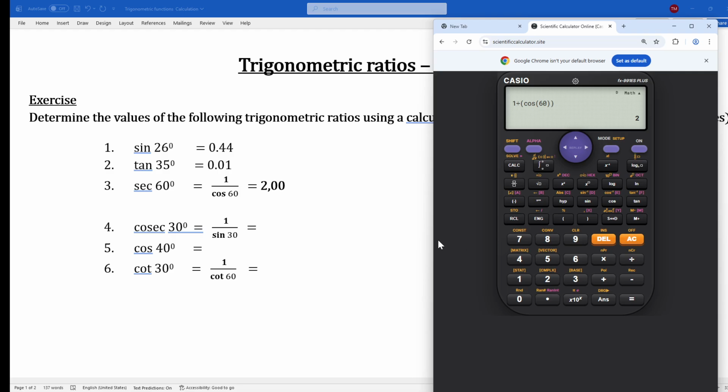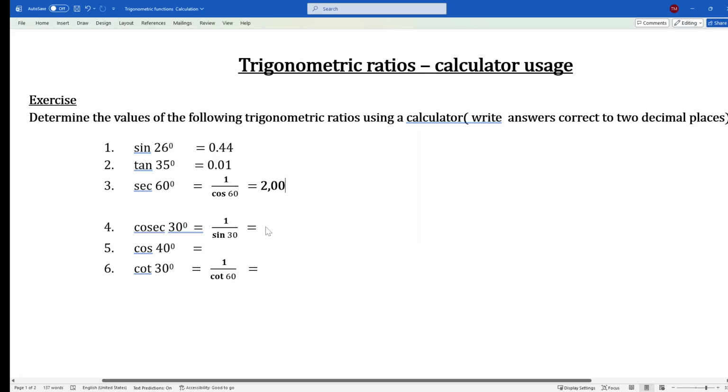And the same applies, we are given the next one as cosec 30 degrees. We know that cosec 30 can be written as 1 over sine 30, because sine is the reciprocal of cosec. So in this case, we would say 1 divided by sine 30, and that will yield also an answer of 2.